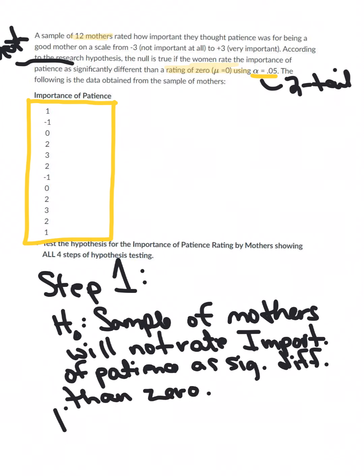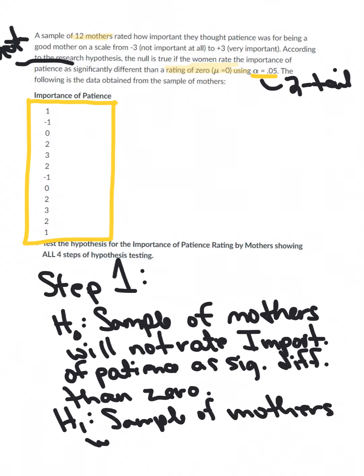So that means our alternative is that they will. So the sample of mothers will rate, and I'm going to put importance of patience as IOP as different, and I'm just going to put that as an abbreviated version.